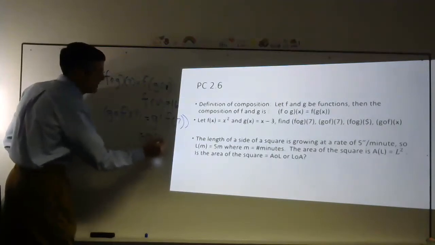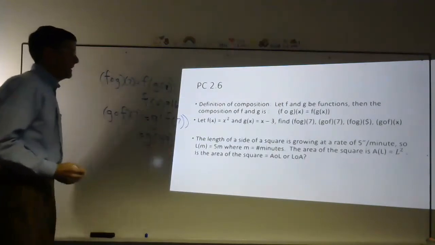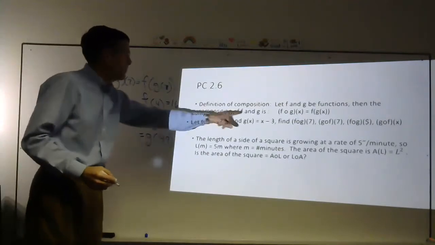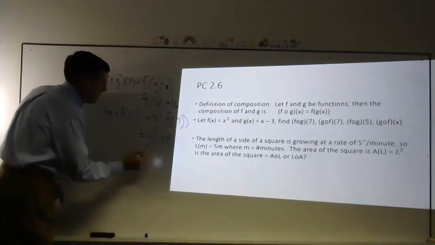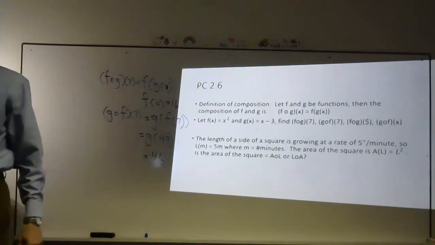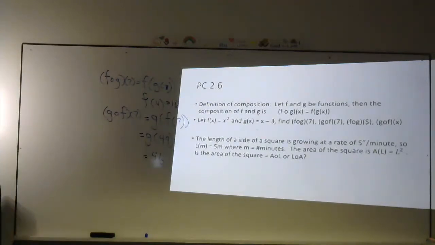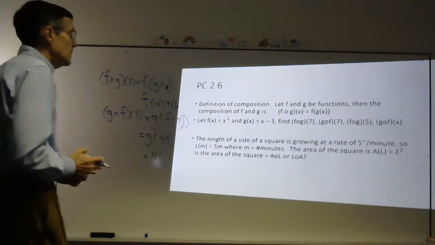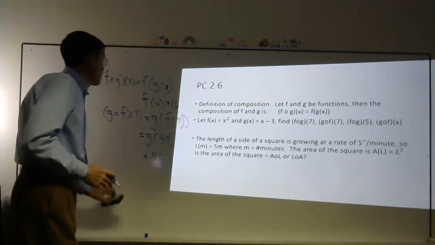So it's g of 49, because I did 7 squared, 49. Now I put 49 in here, and 49 in there gives me 46. And no, they are different. Composition is not necessarily commutative. Sometimes it is, but it's not necessarily commutative.